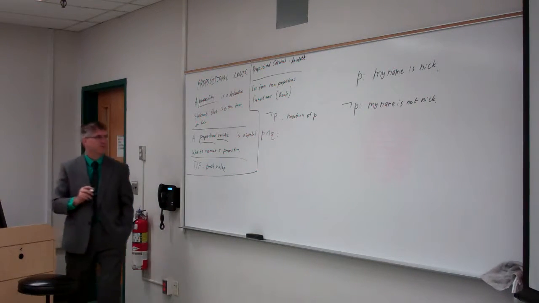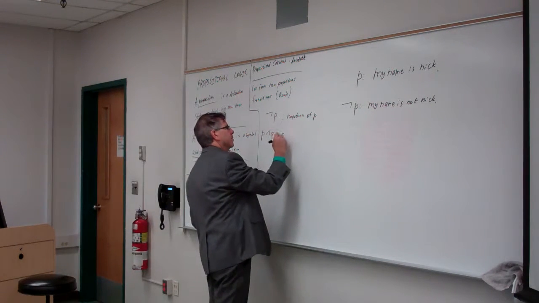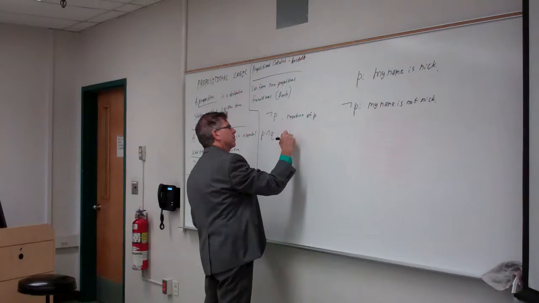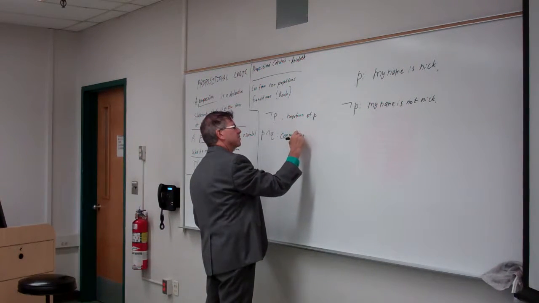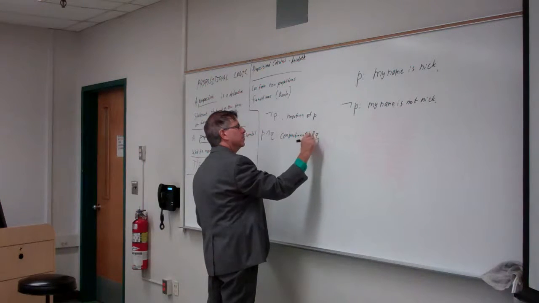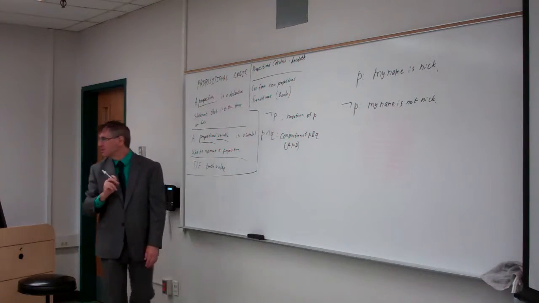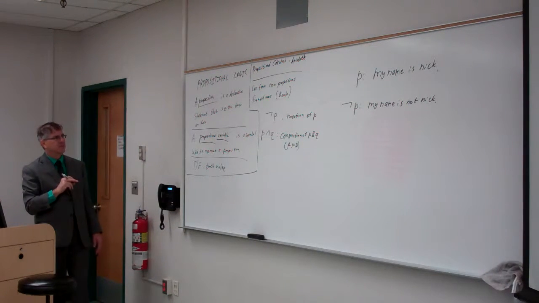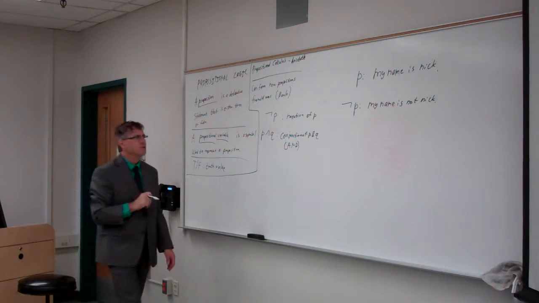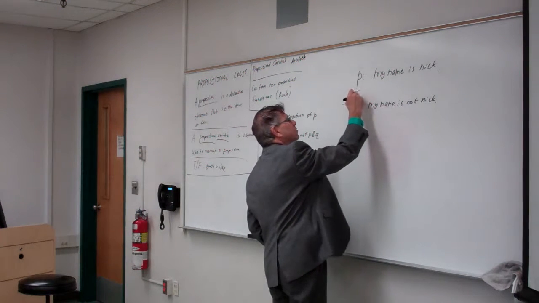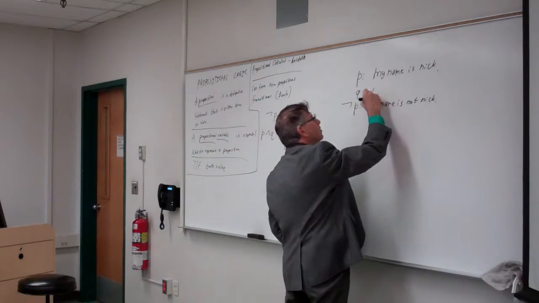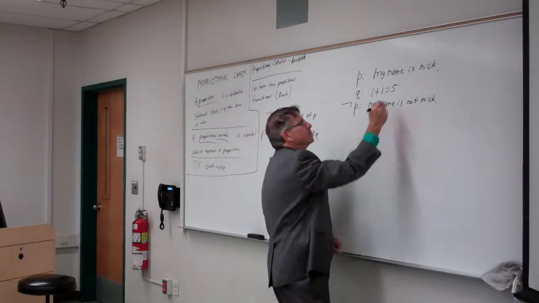This is a symbol for what we call conjunction. Conjunction of P and Q, or what you might think of as an and. So P, my name is Nick. Let's say Q, 1 plus 1 equals 5.